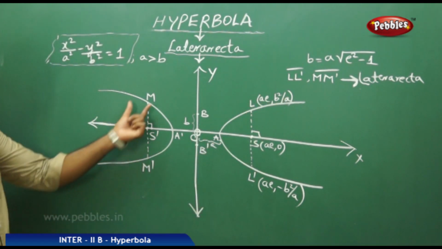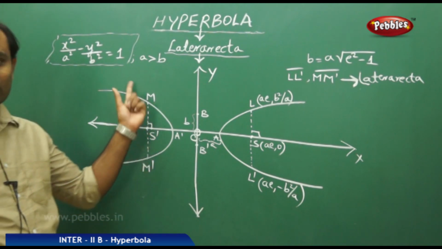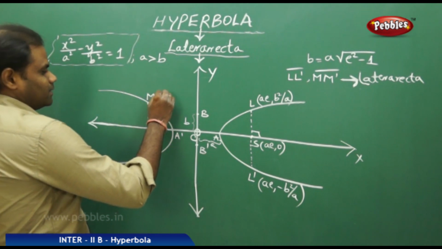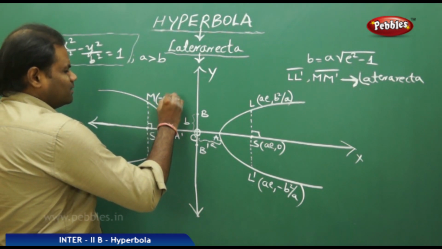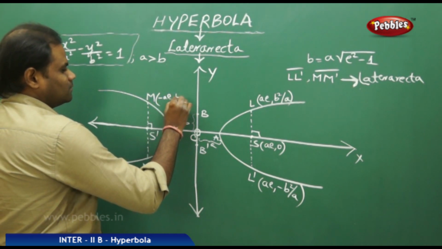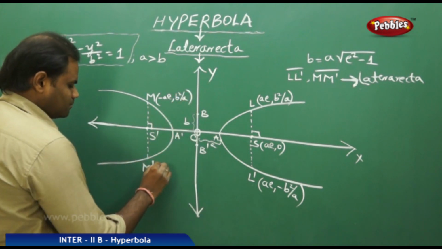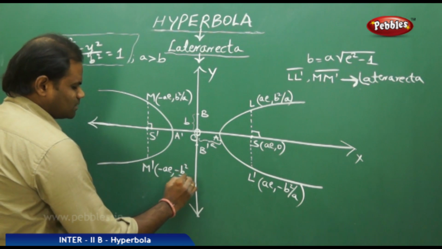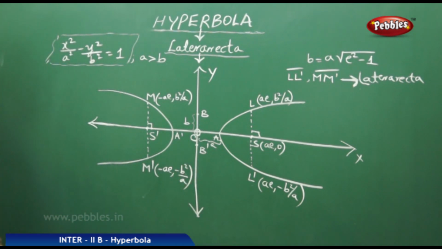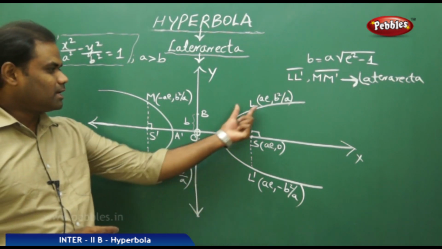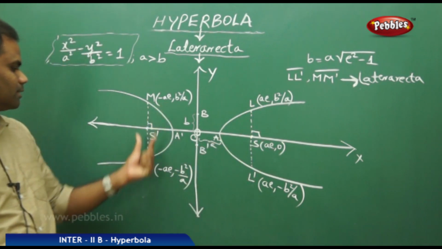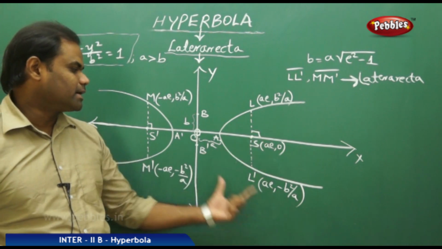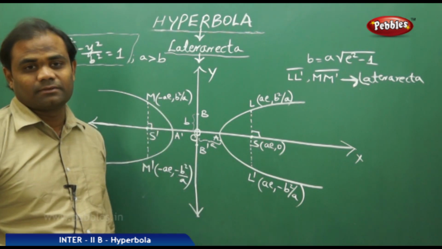Similarly, let's find the extremities M and M dash for the other latus rectum passing through S dash. Clearly these would be (minus ae, b squared by a) and (minus ae, minus b squared by a). So there are 4 extremities, L, L dash, M and M dash, which are the extremities of the latus rectums LL dash and MM dash respectively.